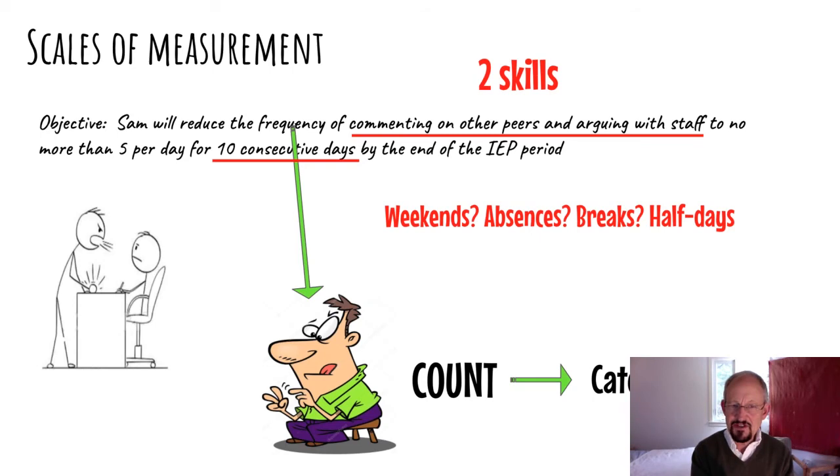So if that's the case, things may be happening on weekends, or with absences, or with breaks, or with half days that throws off that consecutive piece. And therefore, if that's a reality, then basically saying that you're going for 10 consecutive days may just not be feasible. That benchmark may never be achievable because of things like absences and half days and so forth. Okay? So we want to set up those benchmarks so that they're achievable, and that requires taking into account both school days and the possibility of breaks, absences, and so forth.